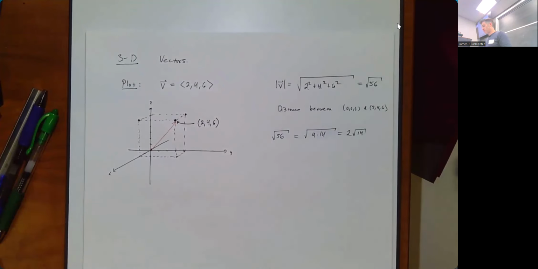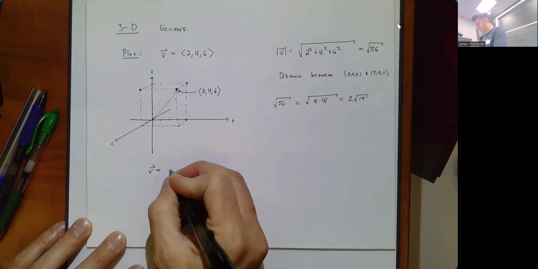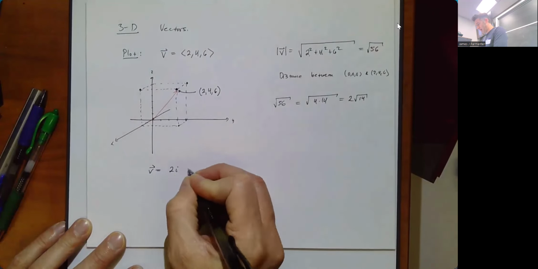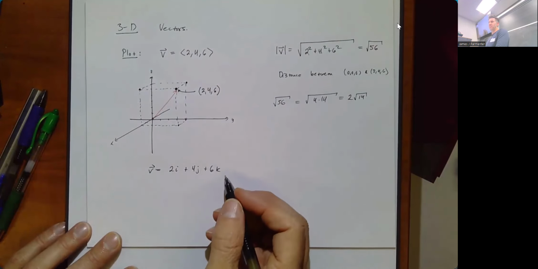A couple other things about this. So you could write v this way. You could also write v as the vector 2i plus 4j plus 6k. Sometimes people draw little arrows over these i, j, and k's. Usually we don't though.